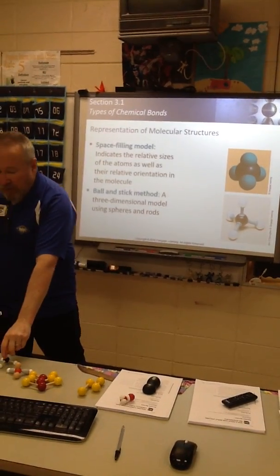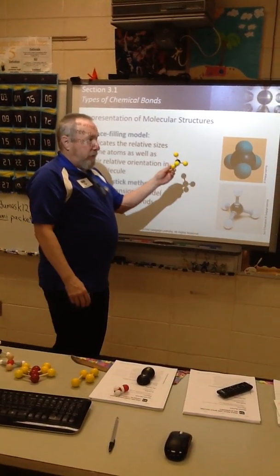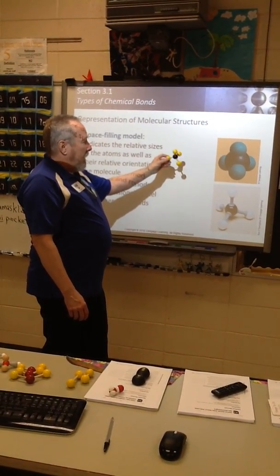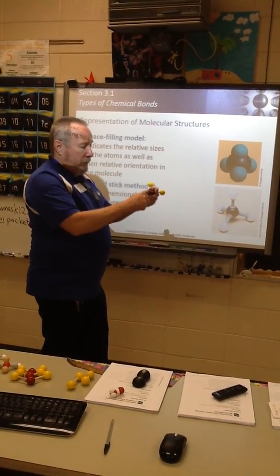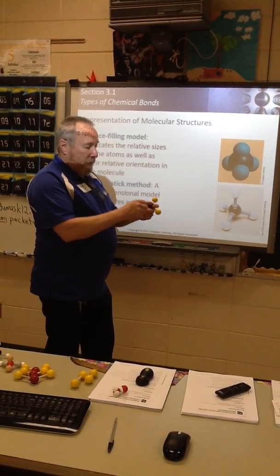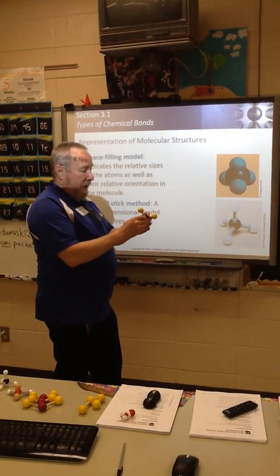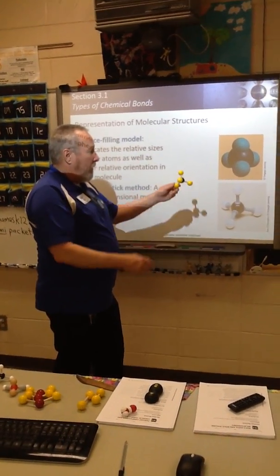This is a classic ball and stick model, and we're going to be doing some labs with these. It may not seem like much, just some wooden dowels and some wooden balls painted different colors. In this case, carbon is black, hydrogen is yellow.